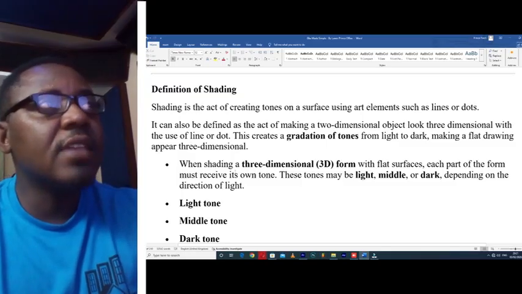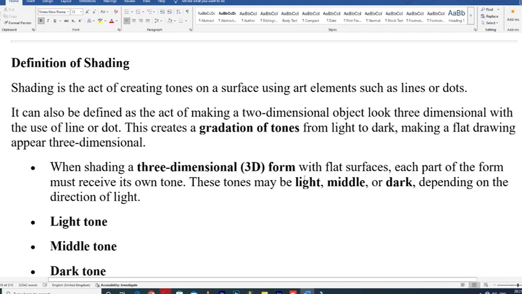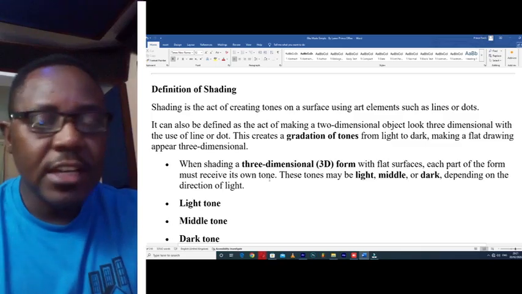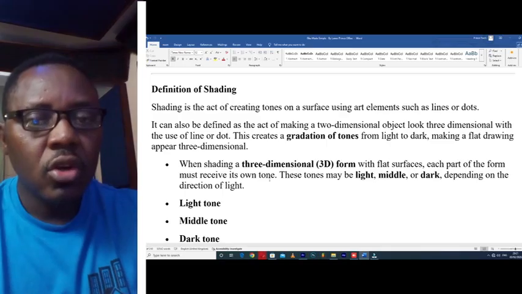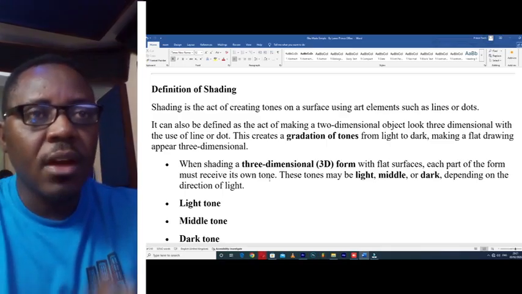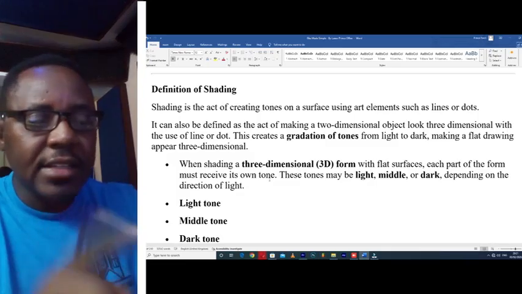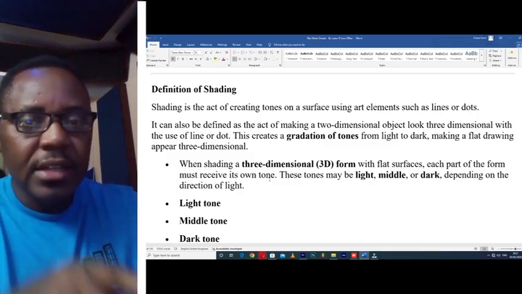These are some things you need to observe. When shading a three-dimensional form with flat surface, each part of the form must receive its own tone. Let me explain that. When you are shading, let's say you are shading something like a wood. When I say wood, I'm talking about wood from the sawmill. It has the length, the width, and then the depth.